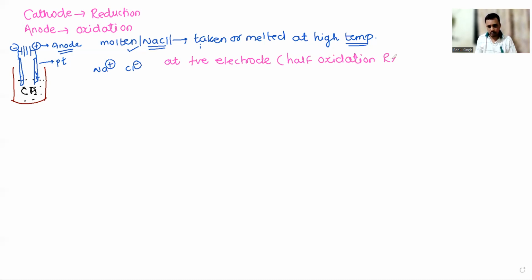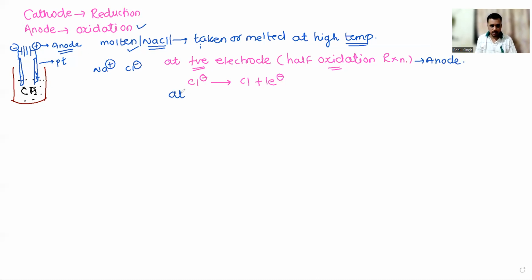The Cl minus will give up its one electron and become Cl. So oxidation is taking place in this case, and for oxidation we use the anode part. So this is our anode part over here.